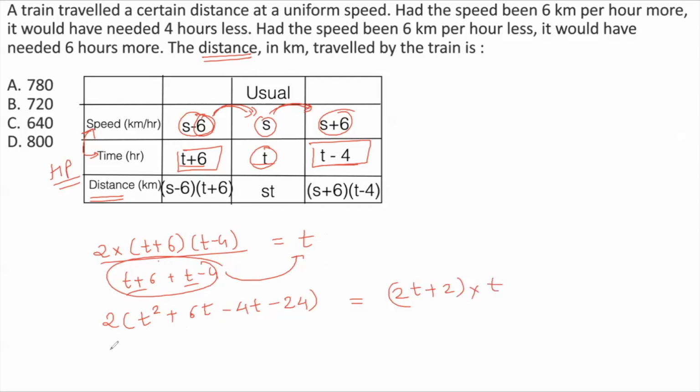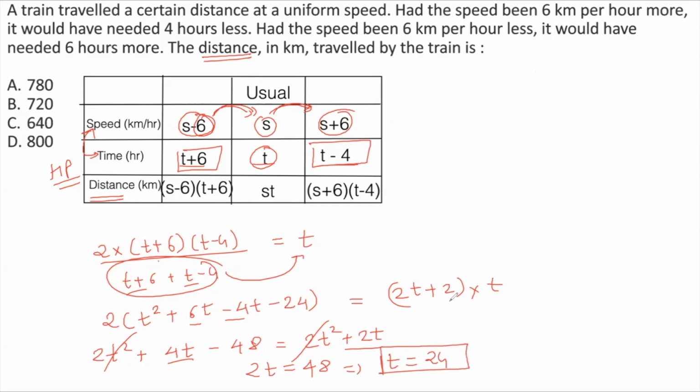So this basically gives me 2t square plus 2t. On the left, 2 into 2t is 4t and 2 into minus 24 is minus 48, is equal to again 2t square plus 2t. 2t square gets cancelled and so we are very luckily saved of a quadratic. 4t minus 2t will be 2t only and minus 48 on the right hand side I'll get 48. If 2t is 48, I will get t is equal to 24.